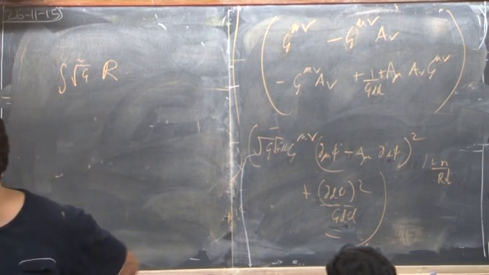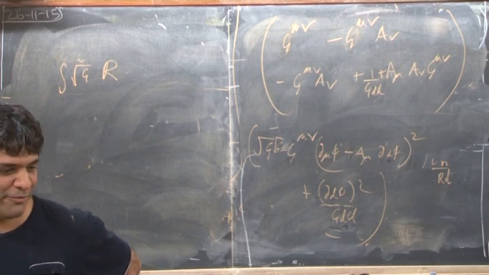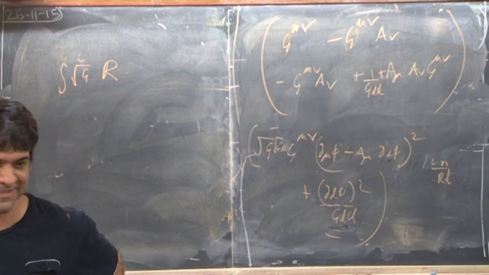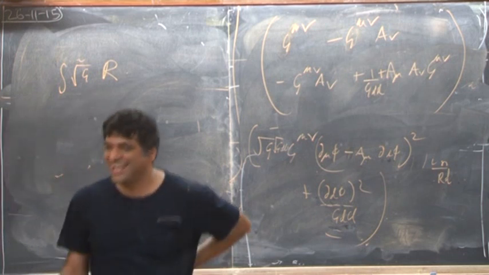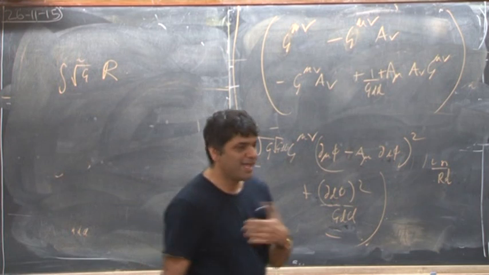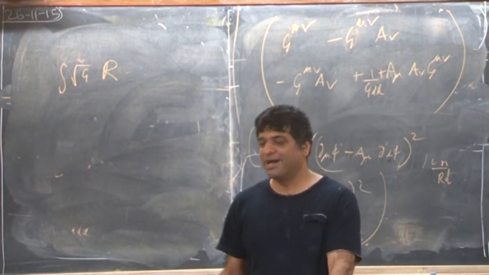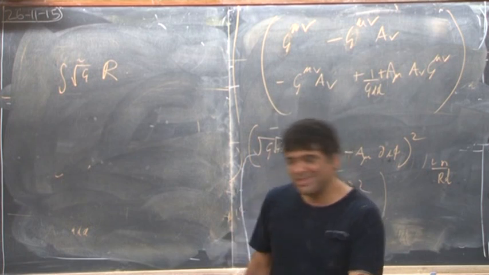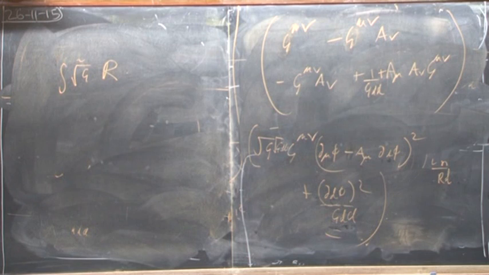Now, can I leave this algebra as an exercise for you guys? Okay, will you actually do it when you get here? Okay, we'll put it on the assignment. I'll leave this because it's just irritating algebra. I'm just quoting the final answer.